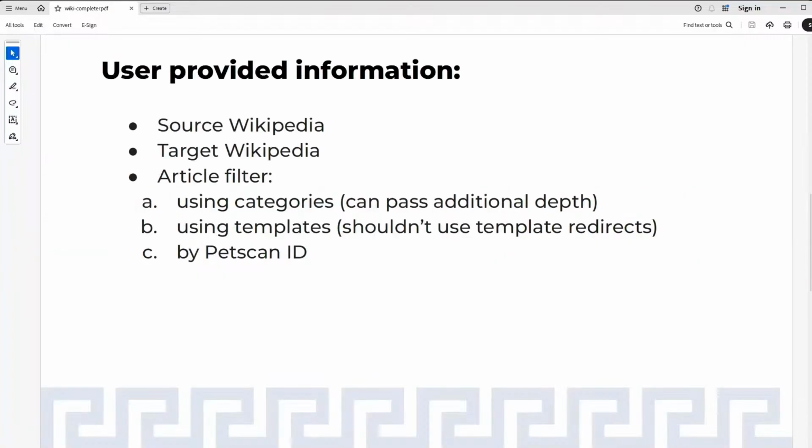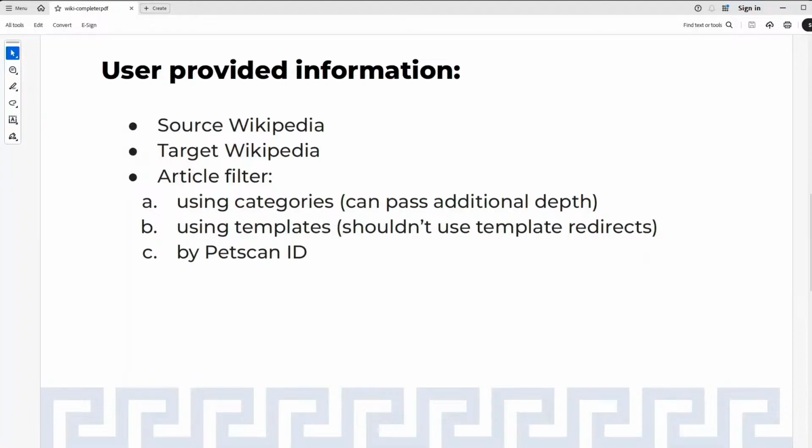So the tool is very simple. You input the source Wikipedia language that you want to find articles from, and then you input the target Wikipedia language, the Wikipedia that you are interested in writing these articles for, and you have to input some article filter.